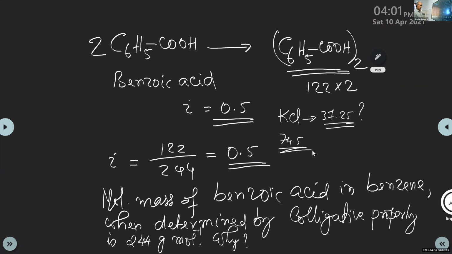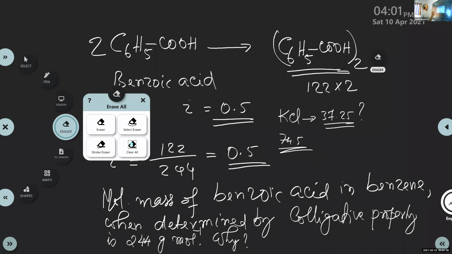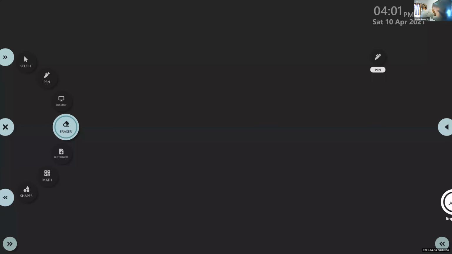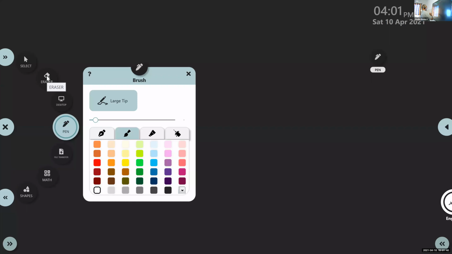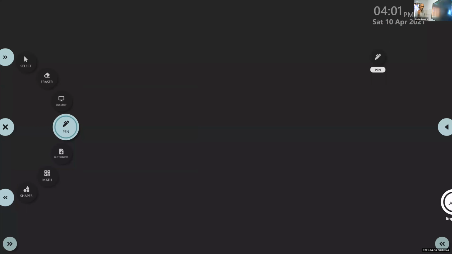So such questions also will be asked from the application side. We need a correction for the equations we have already studied for the colligative properties. Which colligative properties have you studied?